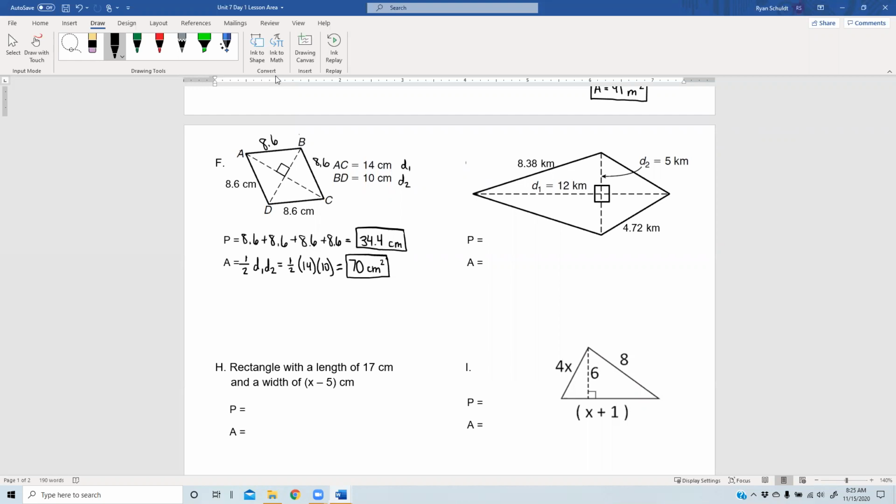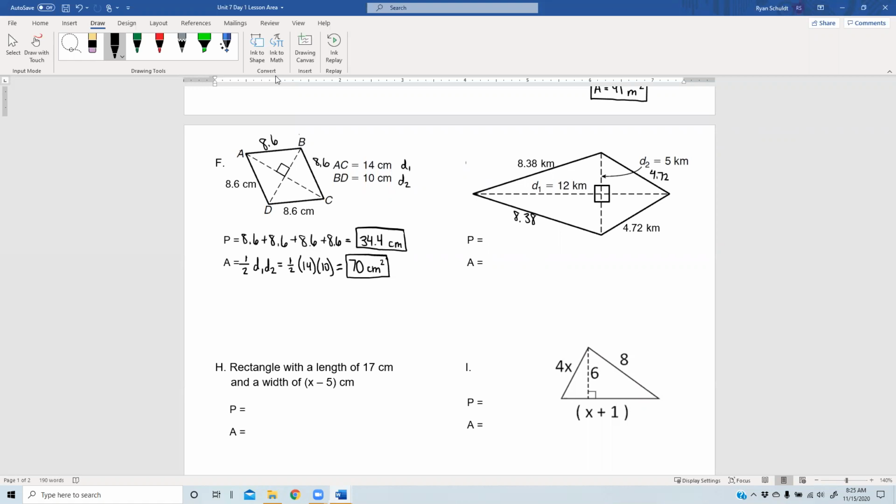Okay, so now we have a kite. What do we know about kites? Think back to the test we just took. This one has to be 8.38. This one has to be 4.72. They have to be the same.